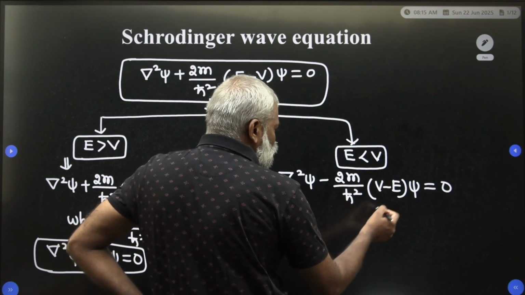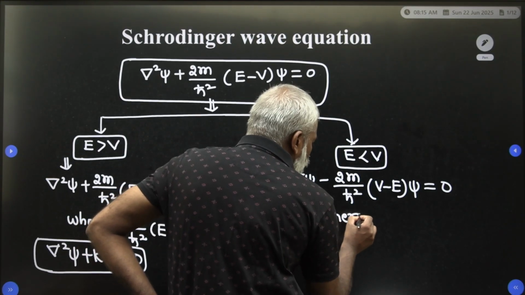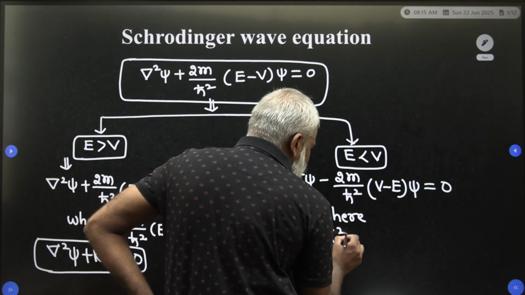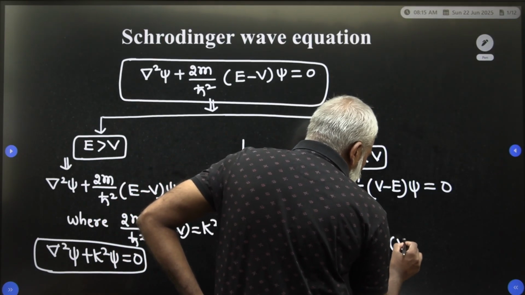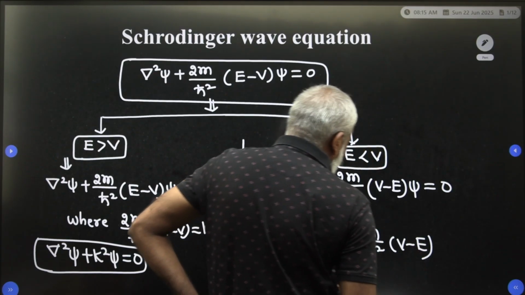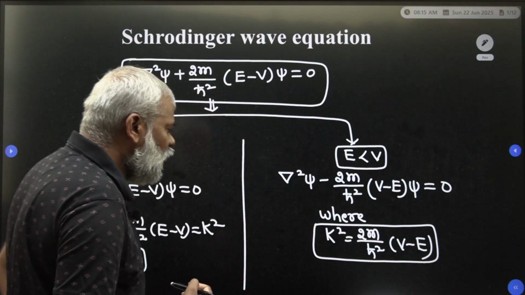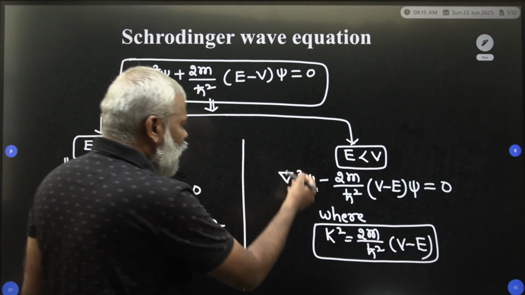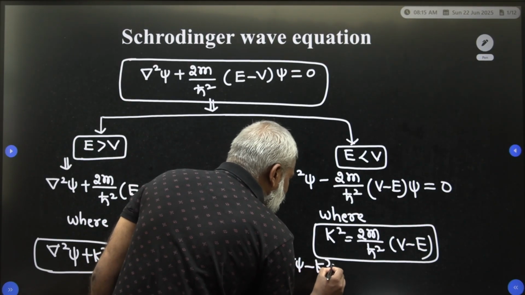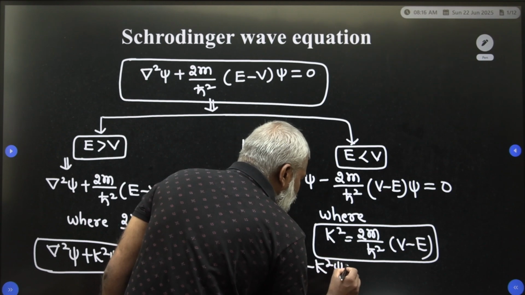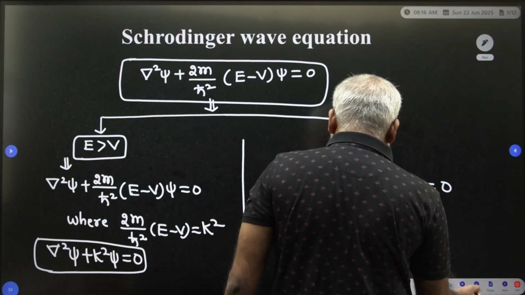Here also we take k square as 2m by h cut square into (V minus E), since the potential energy is greater than the total energy. Now our expression becomes del square psi minus k square into psi is equal to 0.